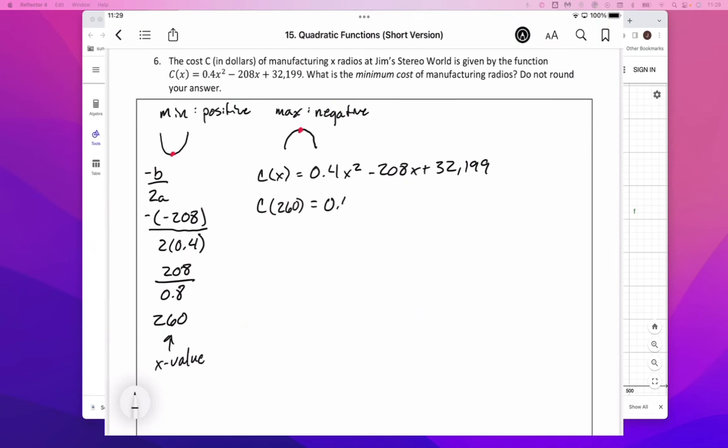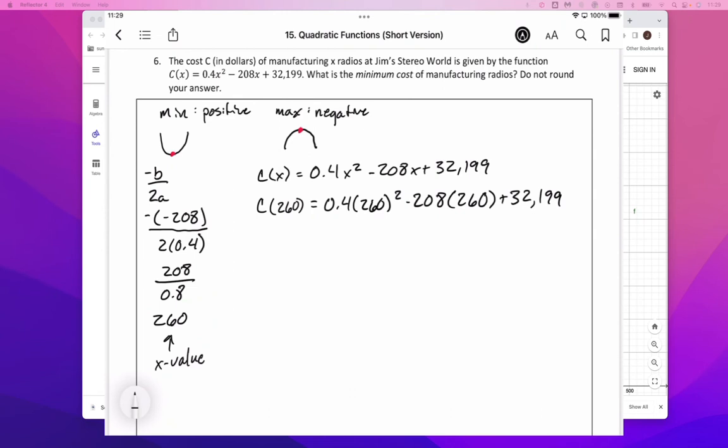So 0.4 times 260 squared minus 208 times 260 plus 32199. Now, as I mentioned a moment ago, I'm not going to choose to do this by hand or anything. I'm just going to throw it into a calculator.